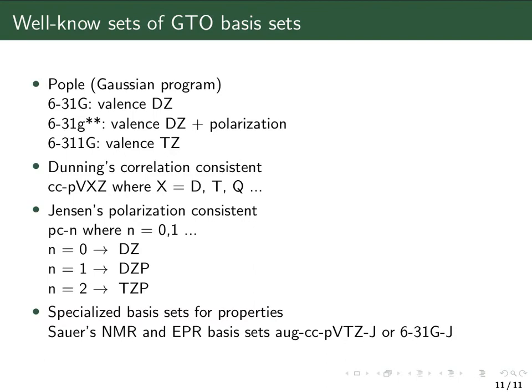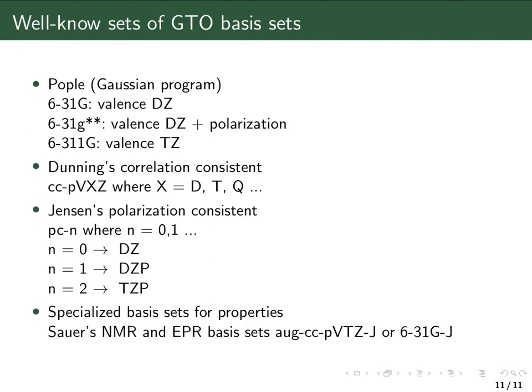So you use one contracted Gaussian function for the core orbitals, and here in this 6-31G series, you use 6 primitive Gaussian functions for one contracted Gaussian function for the core orbitals. And then after the dash, you have a description of what kind of Gaussian functions you use for the valence orbitals. And the number of numbers tells you whether it's a double zeta or a triple zeta. So here you have 2 numbers, so this is a valence double zeta. Here you have 3 numbers, so this is a valence triple zeta.